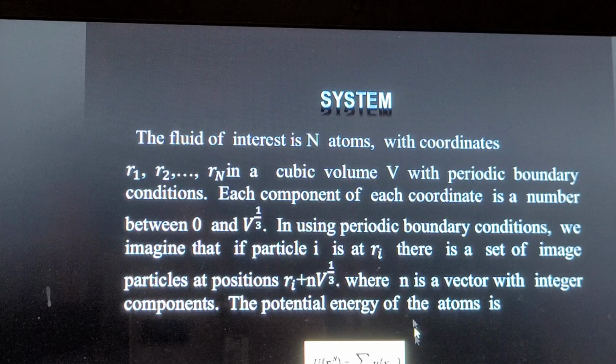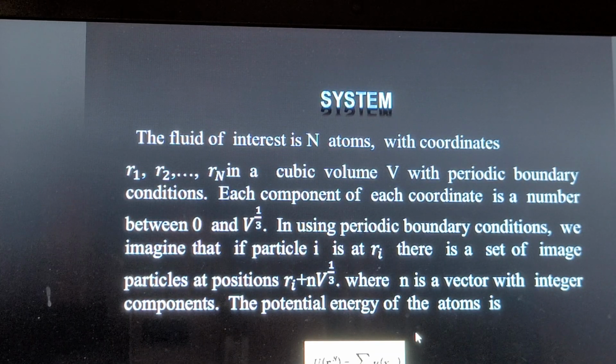If you want to define the potential energy of this interaction, you can use this formula, which shows that there is an interaction, for example, between the atom in position i and the atom in position, for example, j, and you can define your potential energy by using this formula.